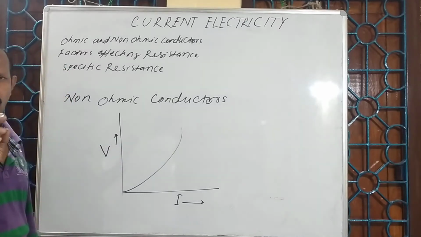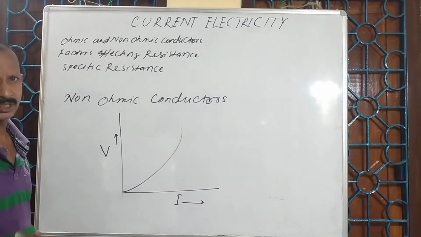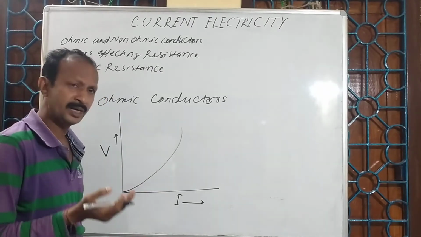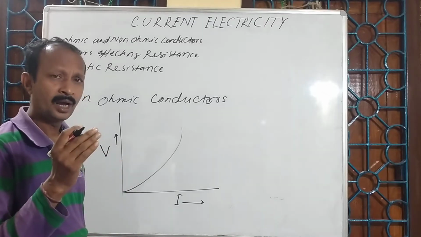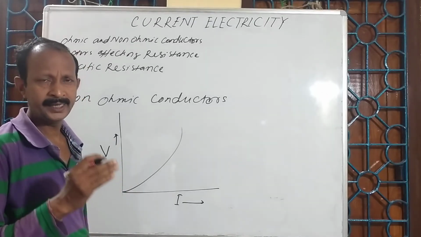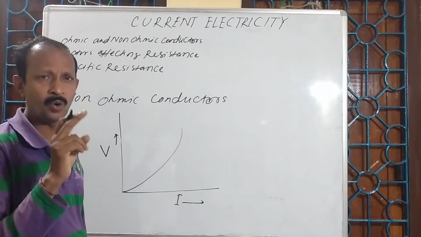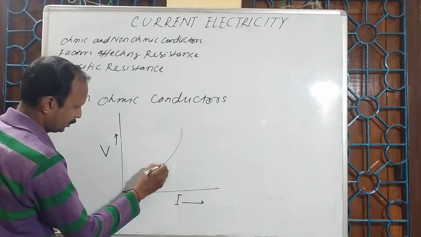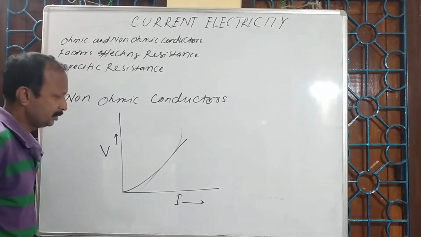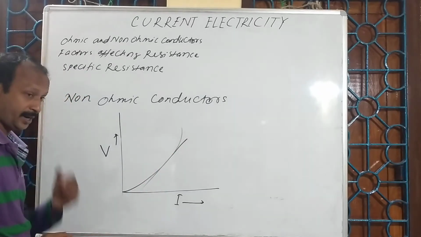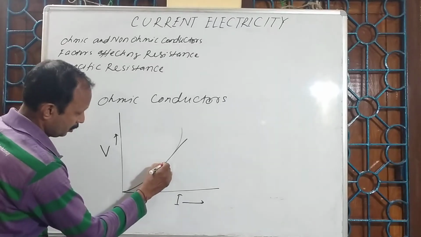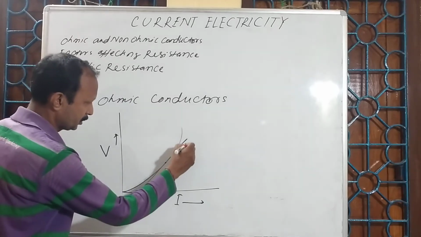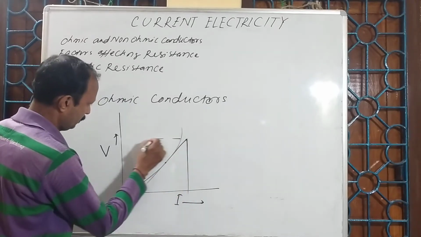Suppose I want to find the resistance at a corresponding point at any potential difference or current. I can calculate by taking the slope of the tangent drawn at that corresponding voltage or current. For example, I draw one tangent at this point.